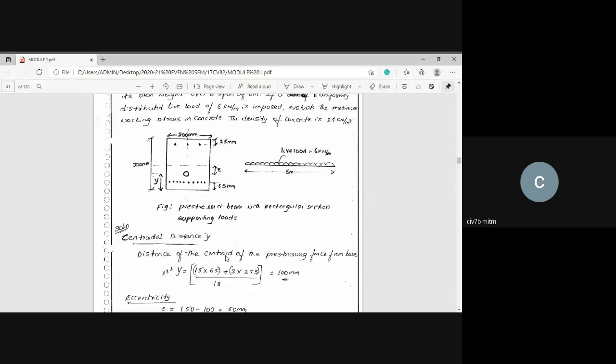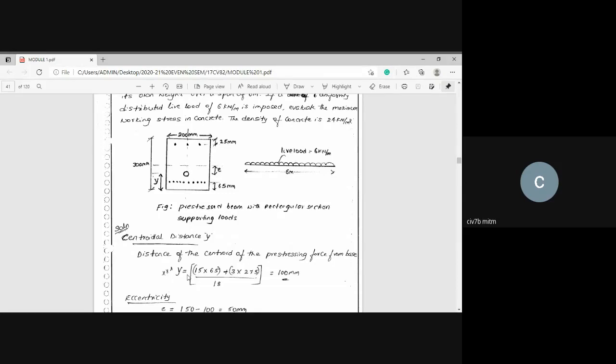So the distance of the centroid of the pre-stressing force from the base is the centroidal distance of the wire. Remember your basic engineering mechanics class, how you used to calculate the centroidal distance for a given section.